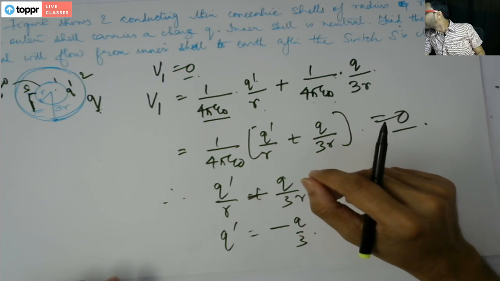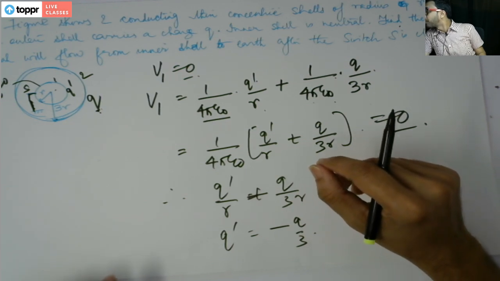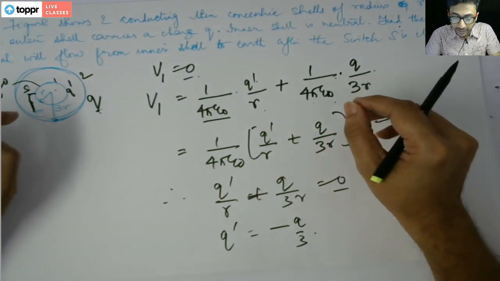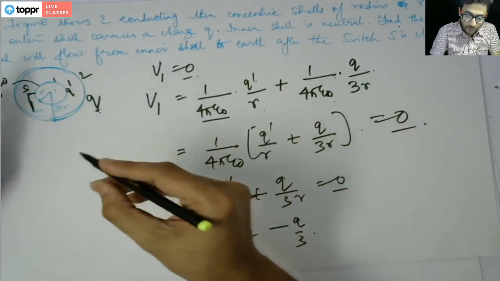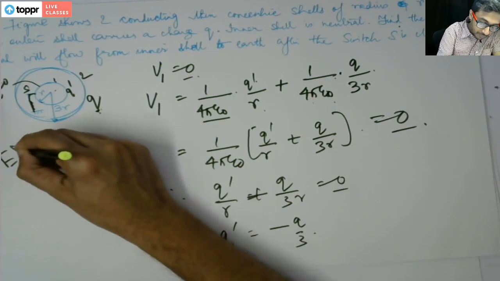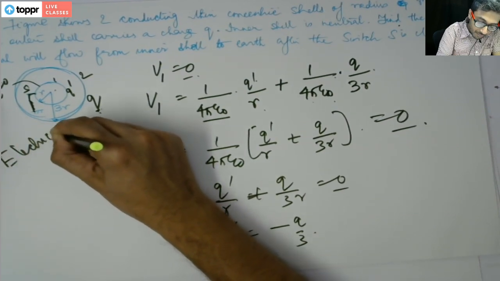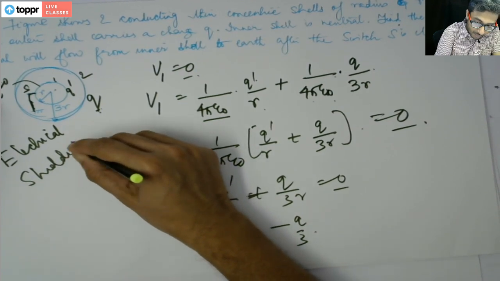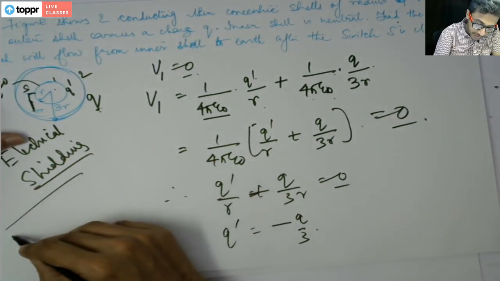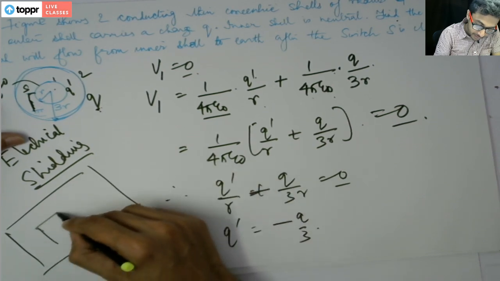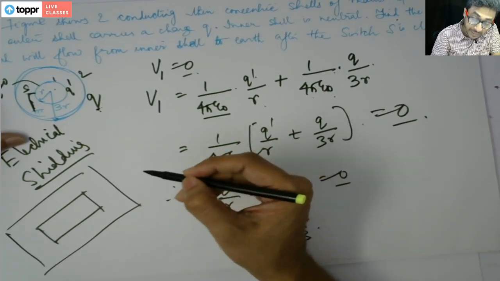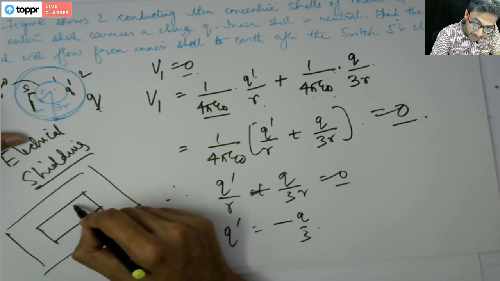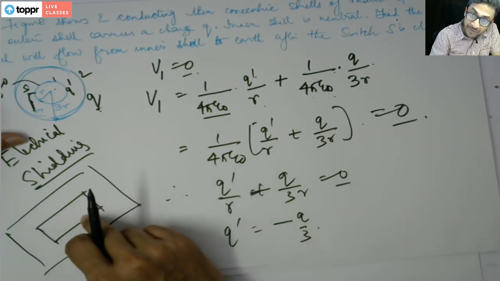That's electrical shielding. Electrical shielding, what I said: if within a conductor there is a cavity, then no electric field can be within the cavity.